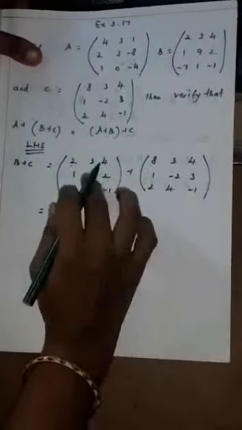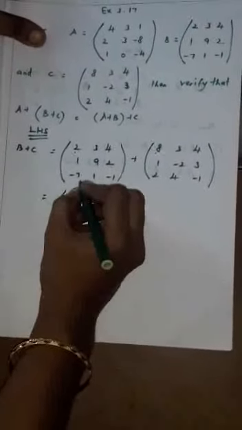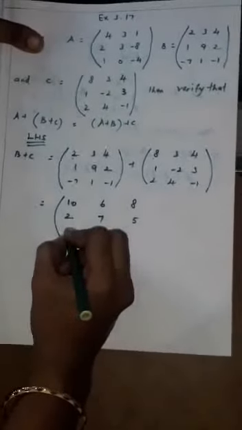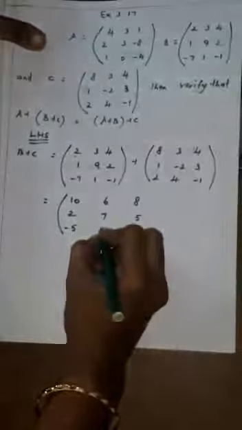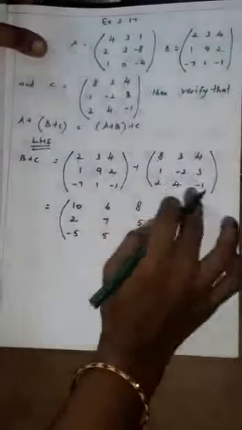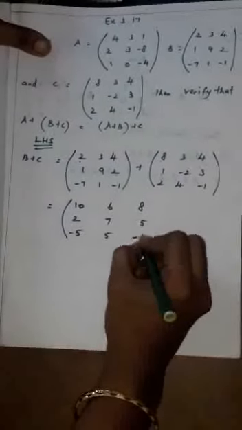Then second row, 1 plus 1, 2. 9 minus 2, 7. 2 plus 3, 5. Then third row, minus 7 plus 2: 7 is the bigger number, so 7 minus 2 is 5, and the bigger number's sign is minus. 1 plus 4, 5. Minus 1 minus 2: same sign given, so add the terms and keep the same sign, so minus 2.